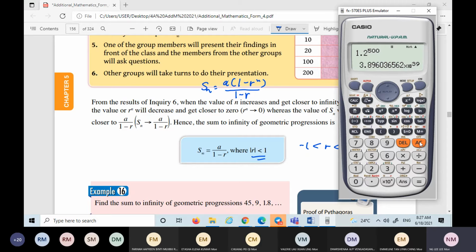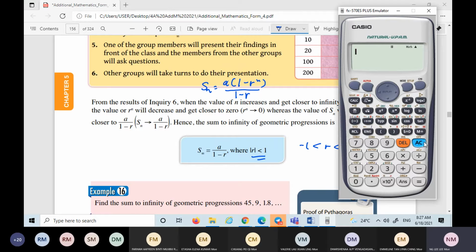How about if the R is smaller than 1, in between negative 1 to 1? Let's say I put 0.8 to a power. Hope can get a value. Oh, 0. Can you see? It's very close to 0 actually.